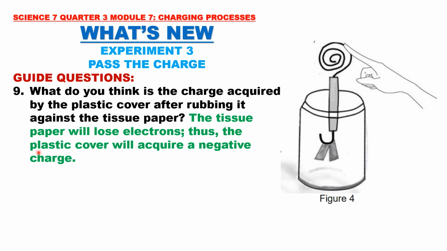So mas marami na ngayong electrons ang plastic cover, mas konti na ang electrons ng tissue. So sa tissue, mas marami ang protons, kaya ang tissue ay positively charged. Tapos si plastic cover, nalipat yung electrons ng tissue sa kanya, so mas marami na siyang electrons, kaya si plastic cover ay negatively charged.